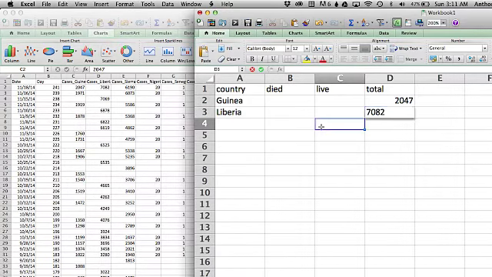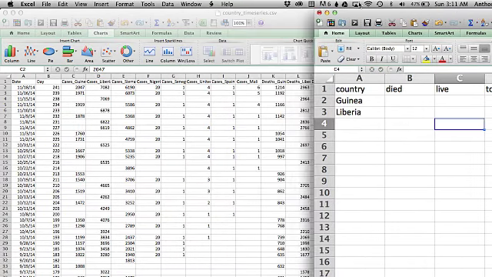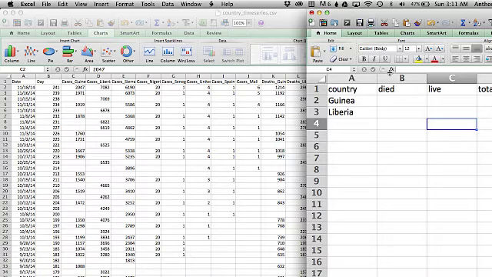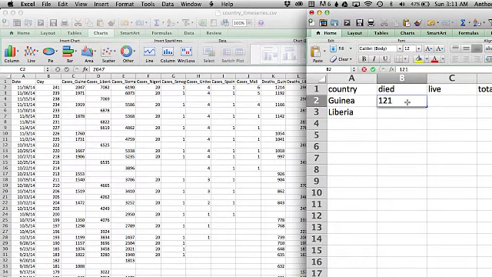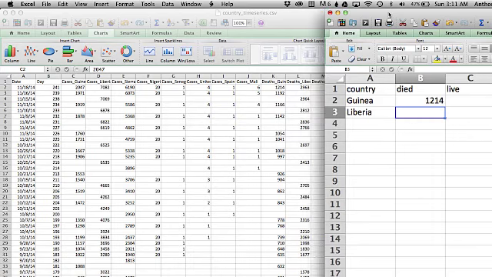Okay, and of those, let's see what the mortality rate happened to be. In Guinea, we had 1,214 deaths. In Liberia, we had 2,963.